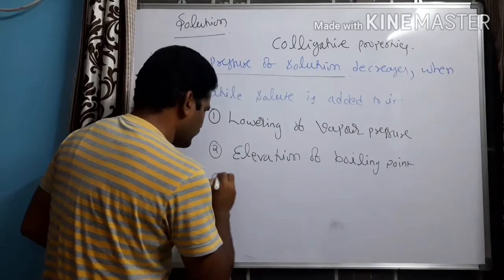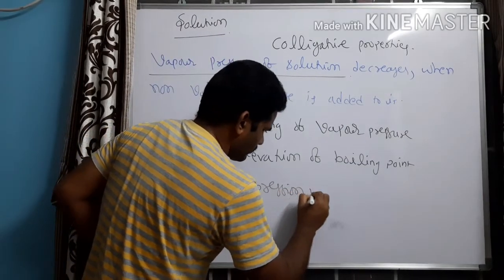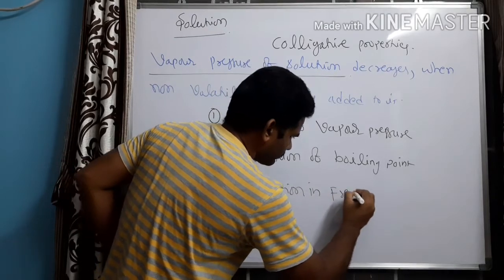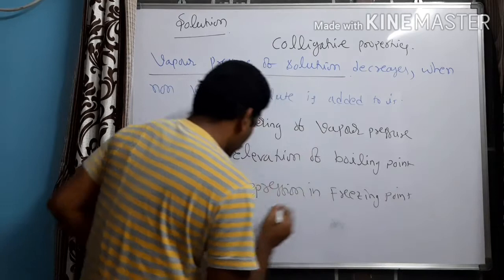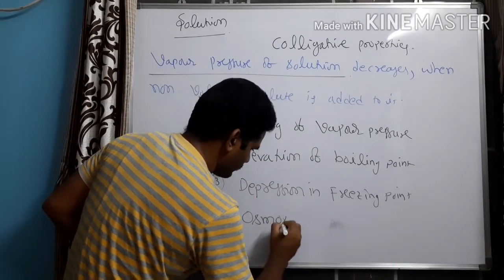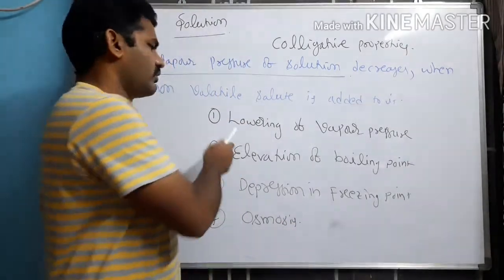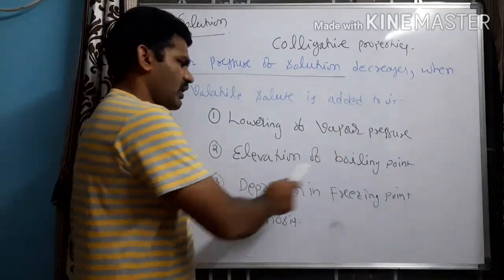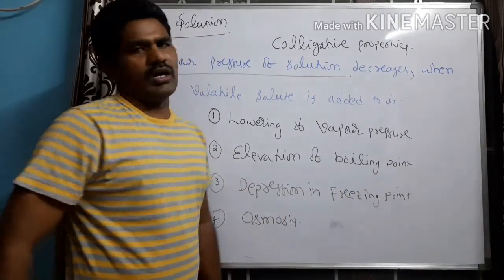Third one is depression in freezing point. Fourth one is osmosis. They are lowering of vapor pressure, elevation of boiling point, depression in freezing point, and osmosis.